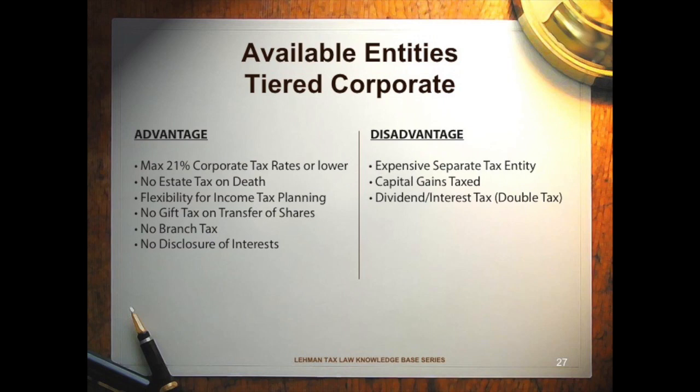For a corporation that's investing in the U.S., you have the advantage of the 21% corporate tax rate, having no estate tax, a lot more flexibility for your income tax planning, no gift tax on the transfer of shares, no branch tax, and even more remote disclosure of your ownership in the business, which to many people is a big item: non-disclosure.